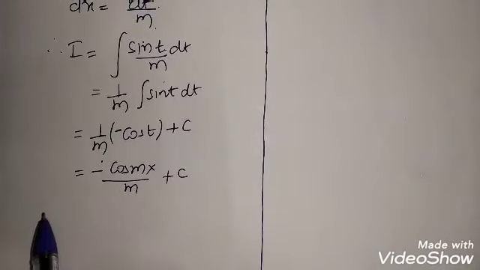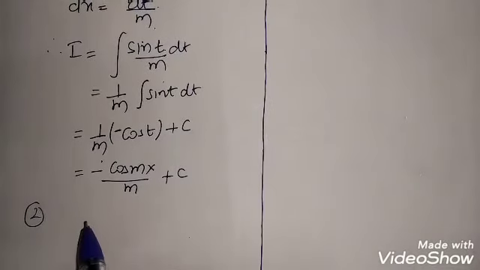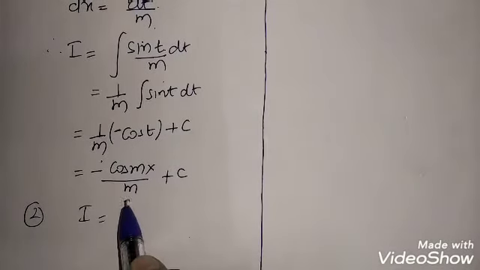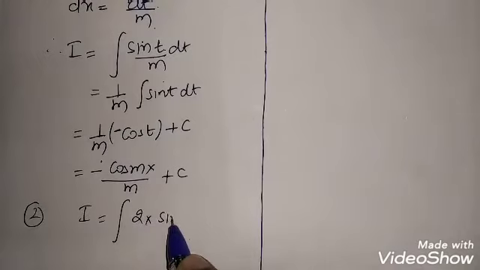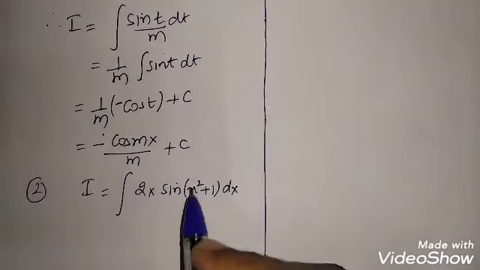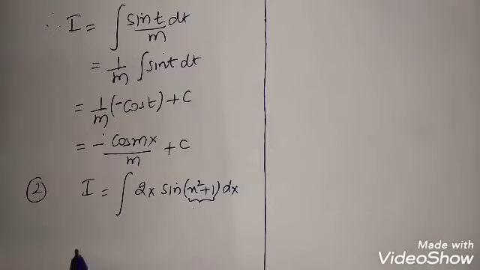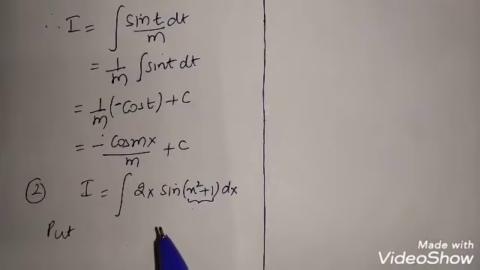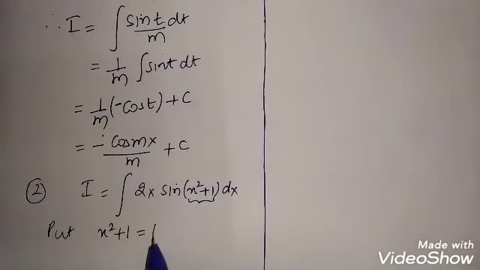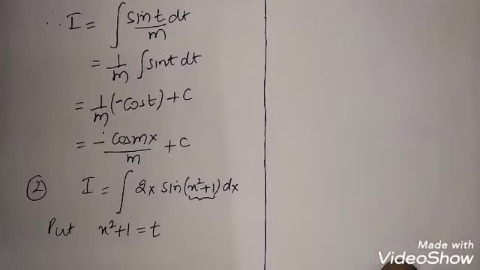This is the second part, it says integration of I is equal to integration of 2x sine of x square plus 1 dx. What you need to do is substitute this thing to be t. I am saying put x square plus 1 to be t.